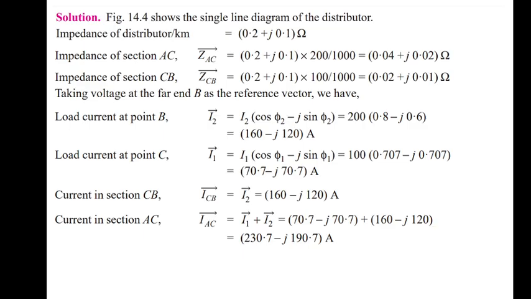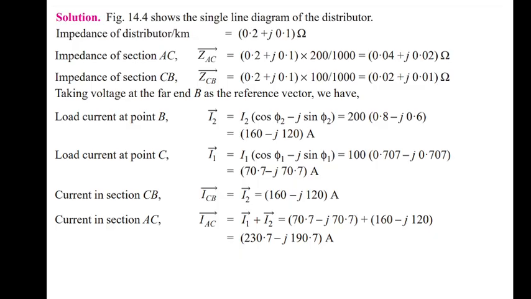Using this, we can determine the impedance of each section individually. Next, by taking the voltage at the far end, point B, as a reference, the load currents are expressed in phasor form using their respective power factors. So the current at point B is calculated first, followed by the current at point C.